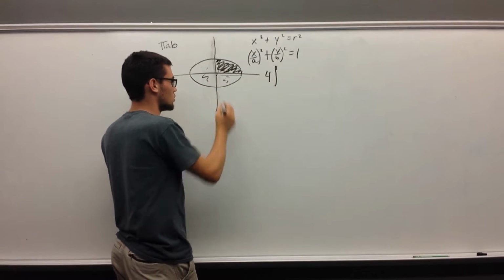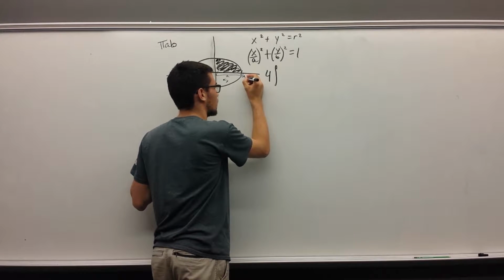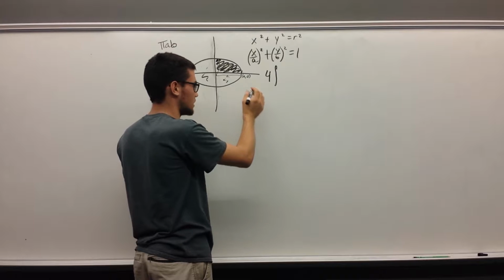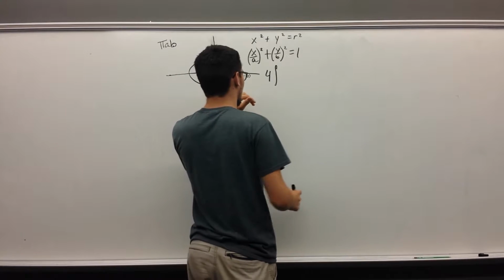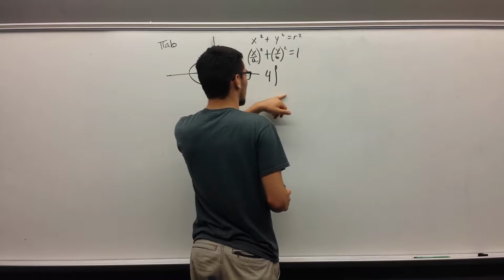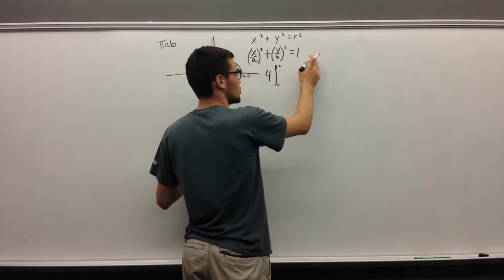Since this distance is a and it goes from the origin out, this point is (a, 0), a units down the x-axis. So we get 4 times the integral from 0 to a of whatever this is when you solve for y.